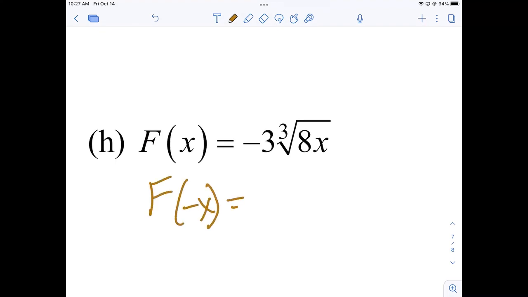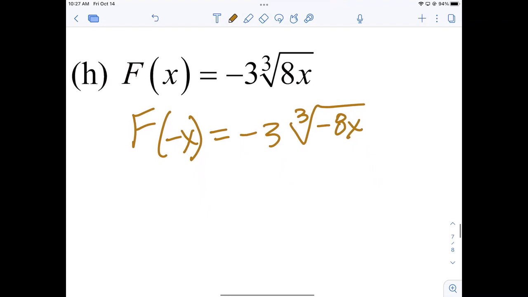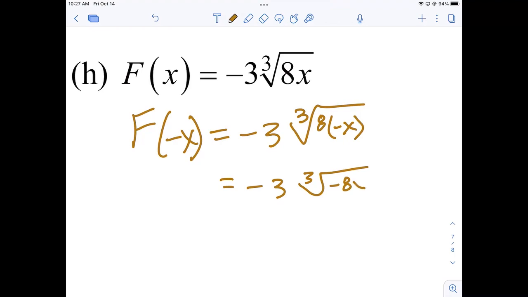F of negative x equals negative 3 times the cube root of 8 times negative x. I'm just going to call that negative 8x. I think we're kind of advancing to that point. Or maybe I should not. I don't want to confuse people here. Let's just do it like this: 8 times negative x. And then on the next line, I'll write that as negative 8x.